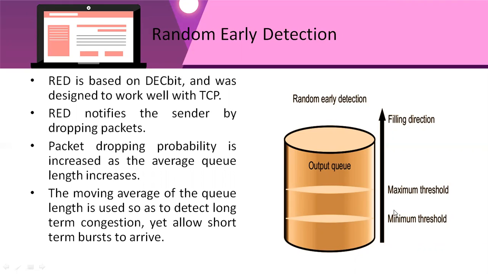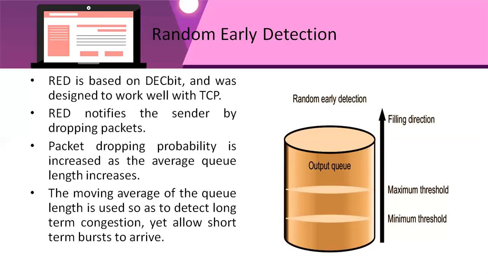If queue occupancy lies between the minimum and maximum threshold values, packets are dropped according to the configured drop probability. If the average queue length is greater than the maximum threshold value, then all new packets attempting to enter the queue will be discarded.